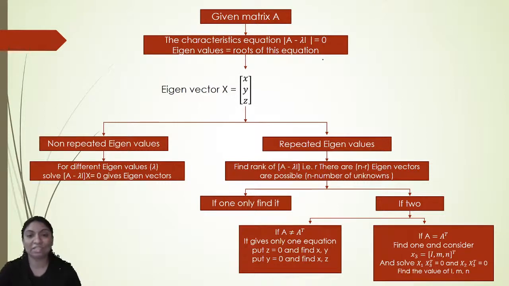If the matrix is symmetric and the roots are unrepeated, then also you will get the same. But if the matrix is symmetric or asymmetric and the roots are repeated, then you have to find them this way. If the matrix is asymmetric, use this one. If the matrix is symmetric, use this one for the repeated eigenvalues.